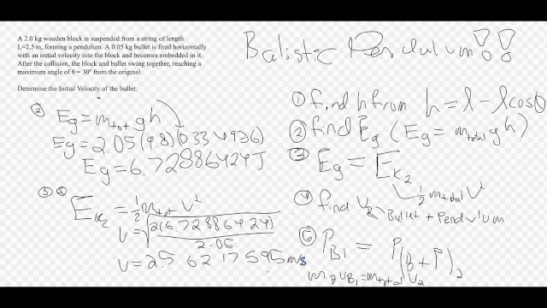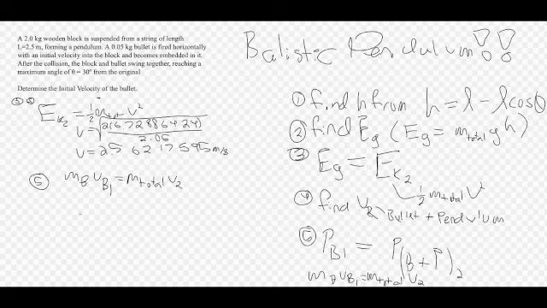So we can then use this together. So now we are on step 5. We can use the speed to find the momentum of the bullet by itself. Here is the final step that we're going to do. This is the momentum formula here. The momentum of the original bullet is equal to the momentum of the total bullet plus pendulum.